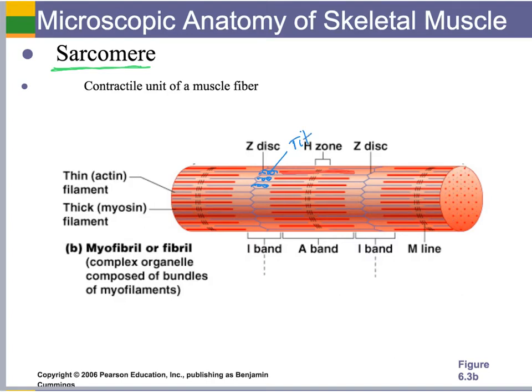It's kind of a spring-like protein, so that those myosin filaments can move. But those myosin filaments are attached, and that's why I'm drawing them kind of squiggly, because they're spring-like. They're very elastic. And let me try to write that just a little better.